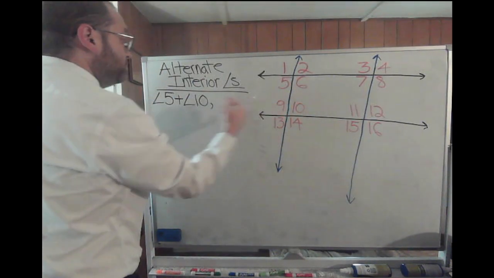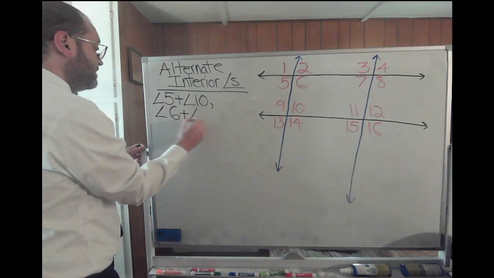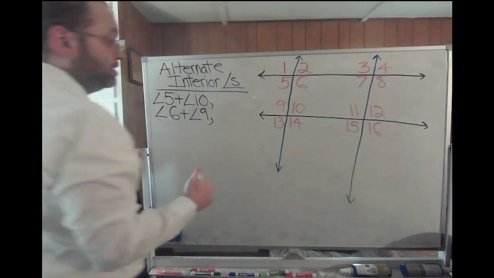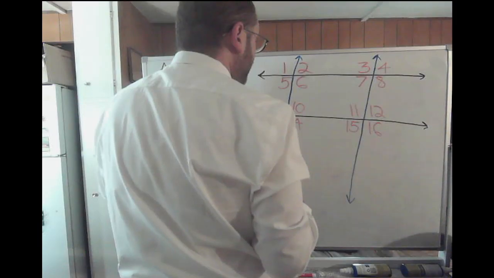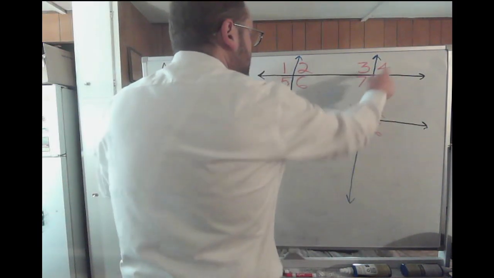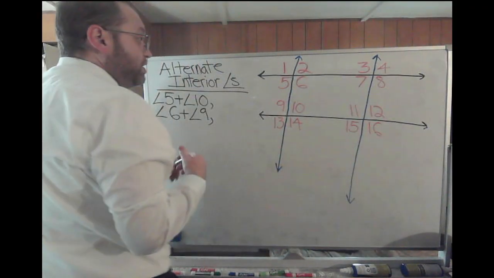Angle 6 and angle 9 are alternate interior angles. Those are other alternate interior angles. Alright, now let's look only at the black line with this blue transversal here.